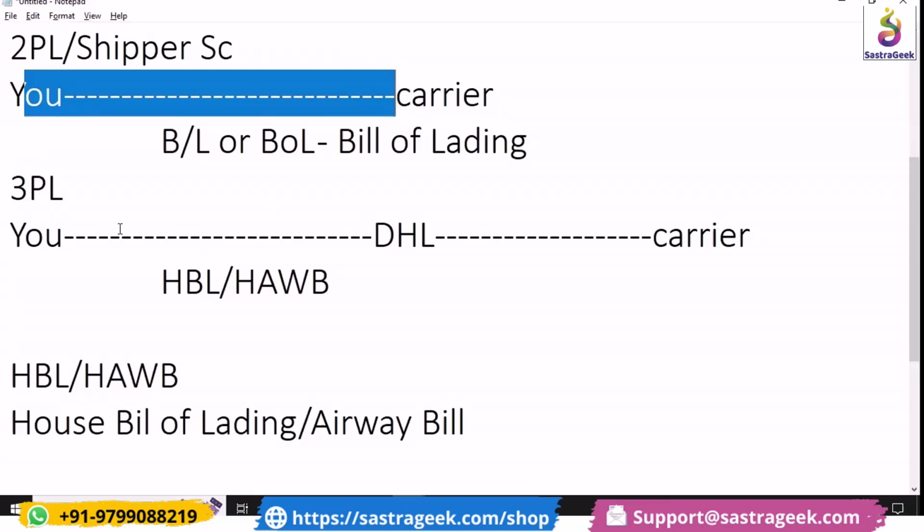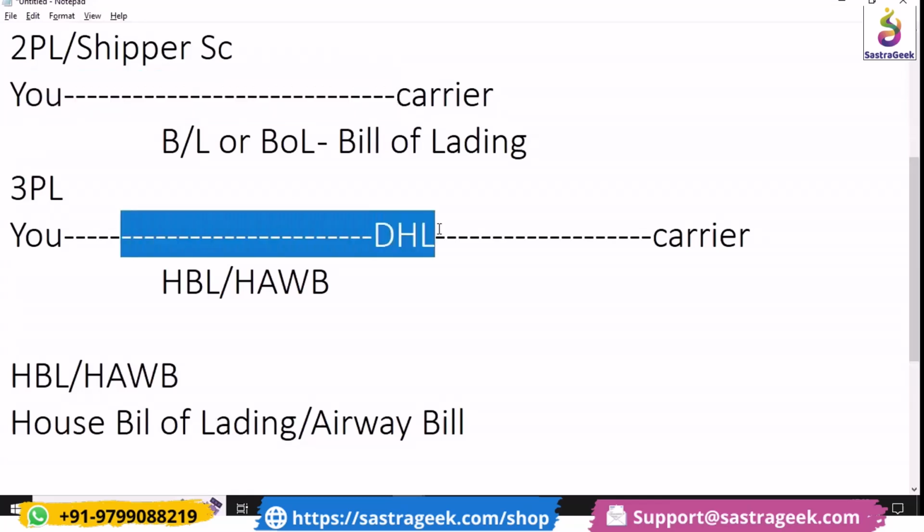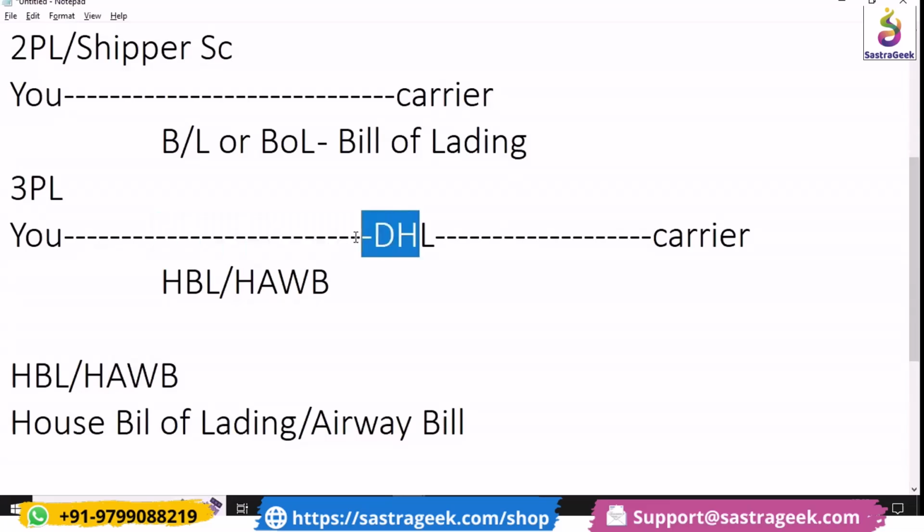But not in this case. Over here, you are handing over your goods to the DHL guy. Maybe the DHL guy is going to issue a kind of proof or receipt that yes, I am holding your goods. And hence the HBL will be issued by DHL to you, not the other way around.